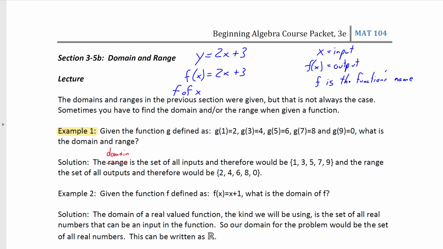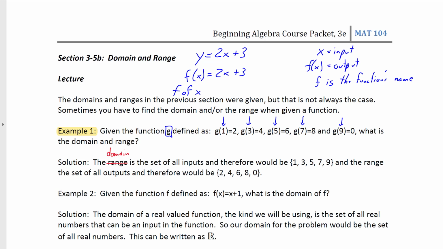So our function's name is g, and it gets repeated over and over as we go through here. And remember, what's in the parentheses is the input. So this 1 is an input, this 3, this 5, this 7, and this 9. And input values are domain values.